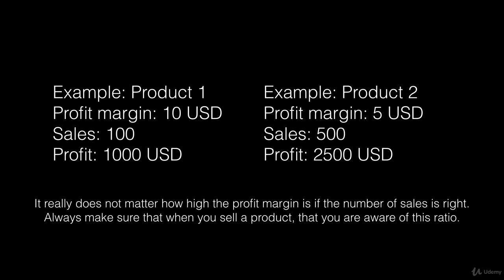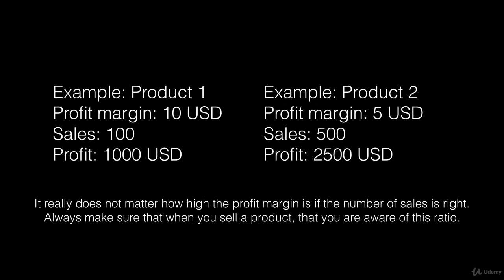But if we take all of that out and assume that both can be marketed in the same way with the same initial investment in the ad, then we get a very clear decision. We're going to decide for product number 2, because this one is generating more profit than product number 1, even though product number 1's profit margin is $5 higher than that of product number 2.